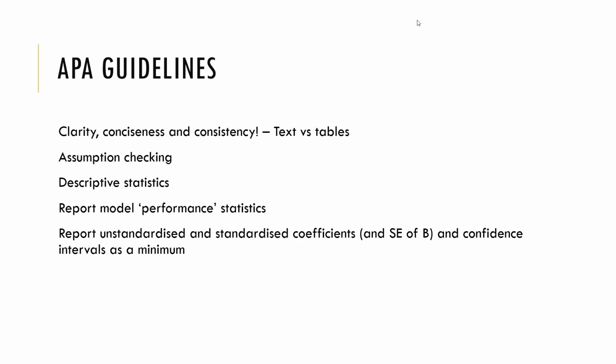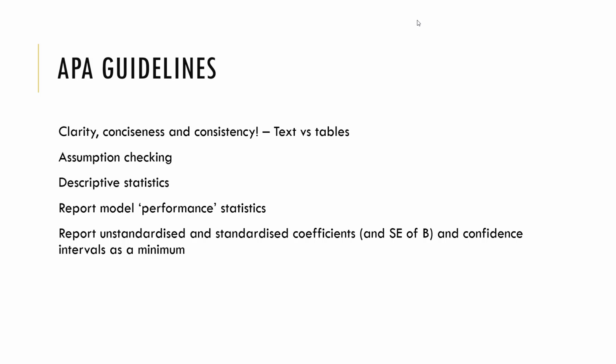In terms of APA guidelines, again, it's always about clarity, being concise, and being consistent. There is a recommendation that we report the coefficients, for example. And if you have a look at some of the examples from my chapter, you can include things like model summary data, like your adjusted R squared, overall model fit, and model statistical significance in tables.